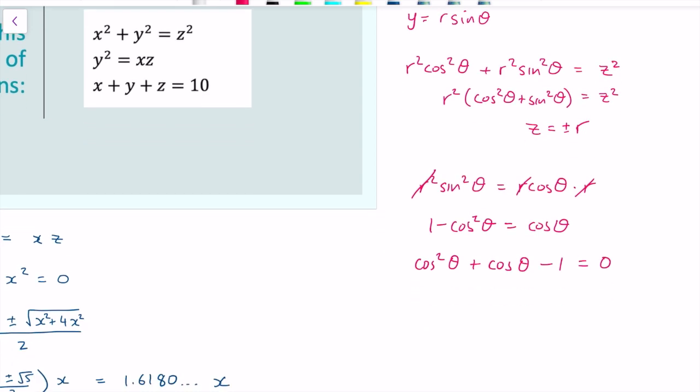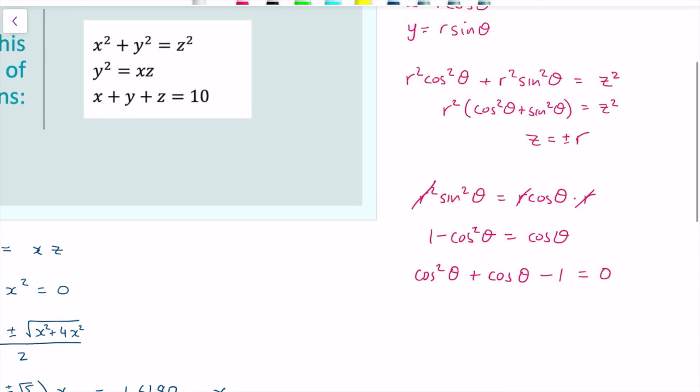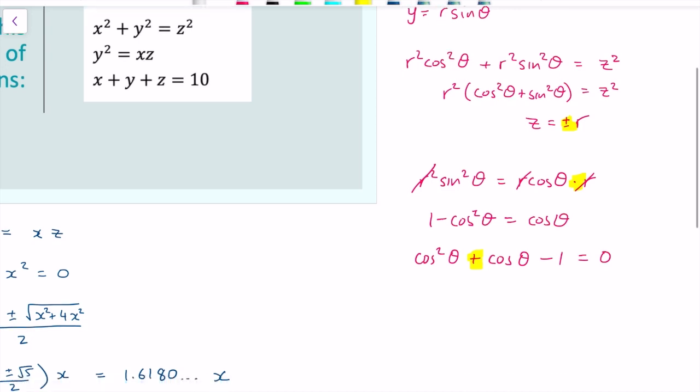That's going to give you two solutions to it. By the way, I was saying there's a plus or minus in here, so this plus or minus thing would have impacted my quadratic equation having a plus or a minus in front of that cos theta, and I'm only considering the plus here.